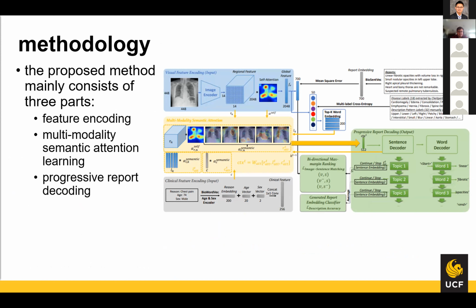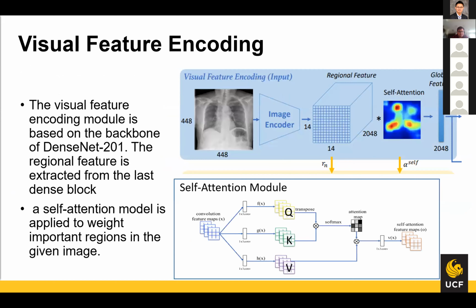From the semantic attention in the image features, you can get some overlay, like what's in the center block here. See if I have a better picture.